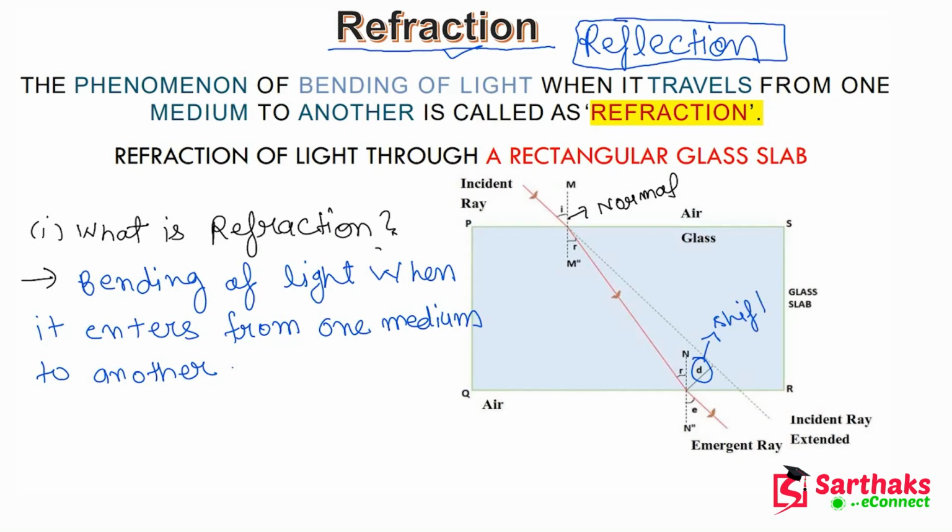This ray was going like this. This is also parallel to this, but there is some distance between these rays. This is called shift, and this is due to the refraction. I hope you got my point. Now, let's move to the next slide.